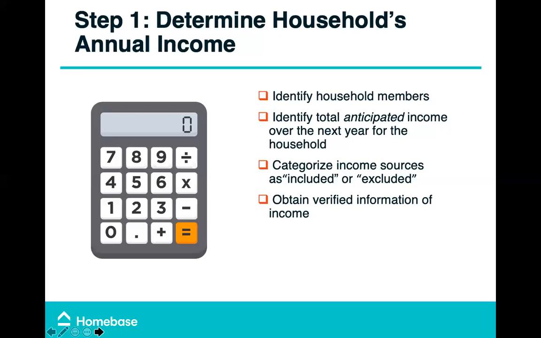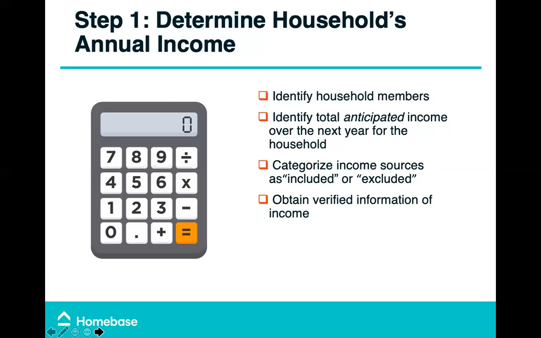We are not going to go into what is and isn't excluded today. There are lots of handy tools available online, tables and such, that provide detailed information about that, that we can link to at the bottom of this video as well. And also you can always reach out to us if you have questions about what types of income should be included or excluded.